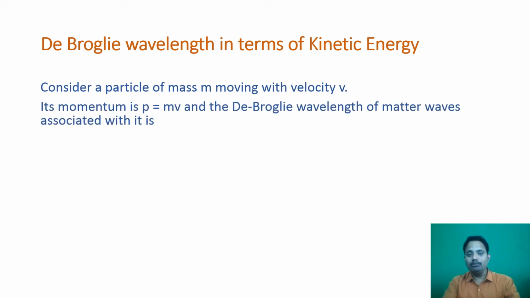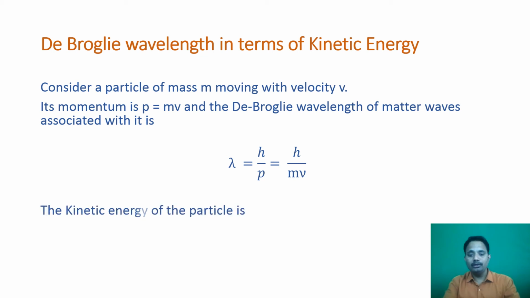Its momentum p is equal to m into v, and the de Broglie wavelength of the matter wave associated with it is lambda is equal to h upon p, which is also equal to h upon mv. Here mv is nothing but the momentum, p, mass into velocity.